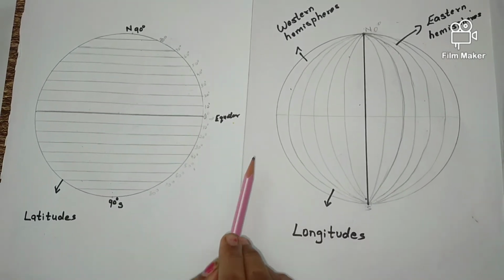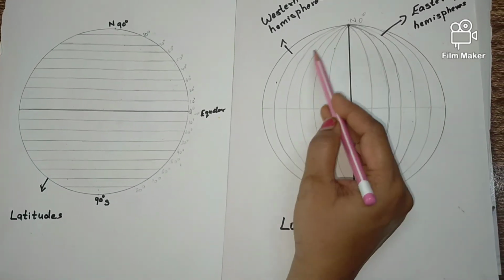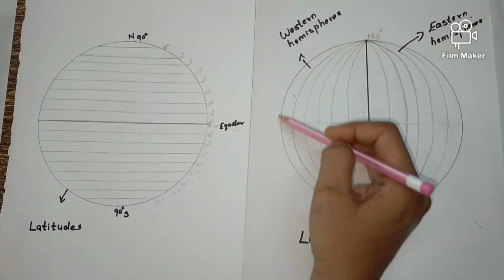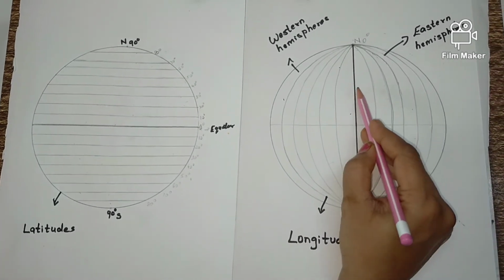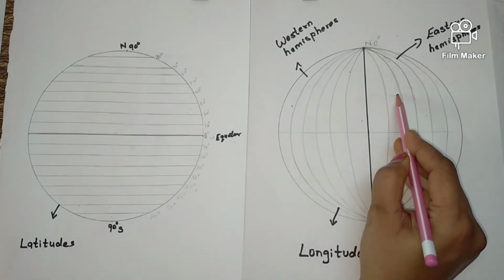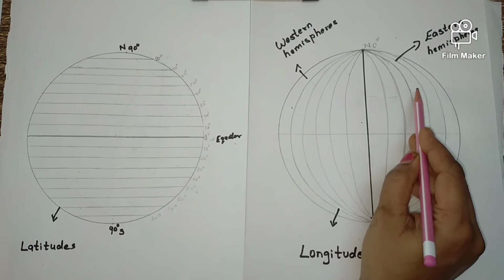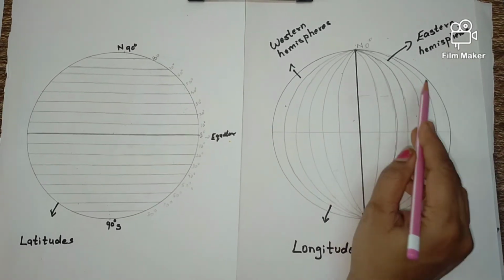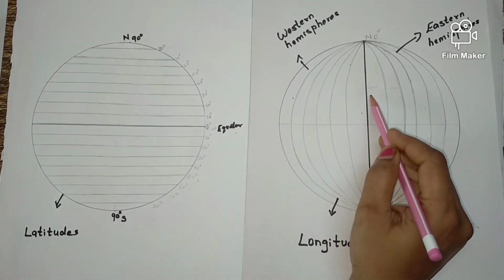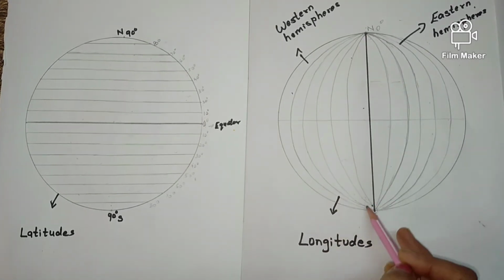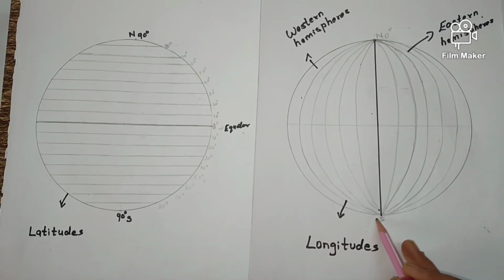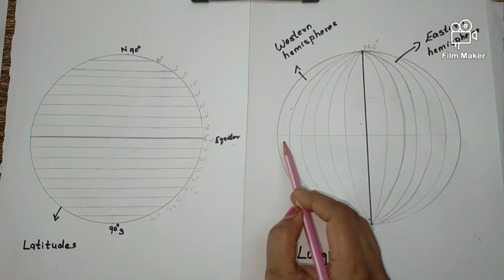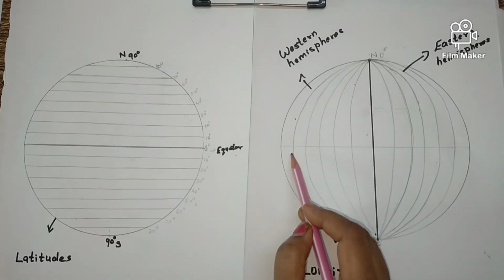Now in all we can draw 360 meridians, each at 1 degree. At 1 degree, how many meridians can we draw? 360 meridians. 0 degree is the prime meridian and there is the 180 degree meridian.